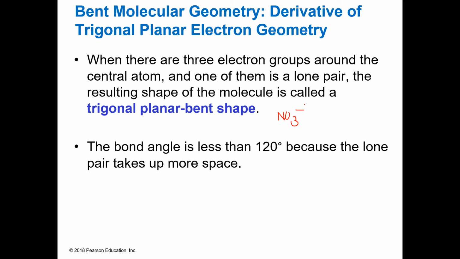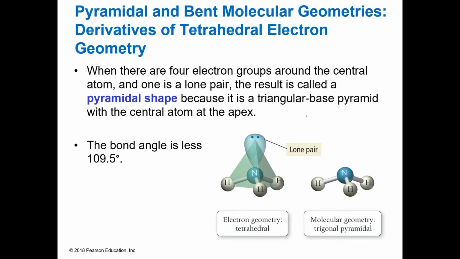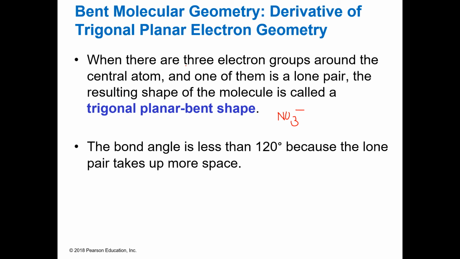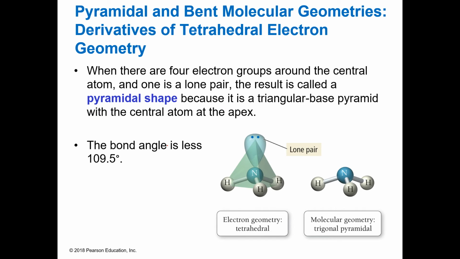Now, if I look at ammonia, actually, let me go back one. Okay. Actually, no, let's go back to ammonia. All right, so ammonia looks like this. Ammonia is NH3. Okay, that's its formula.